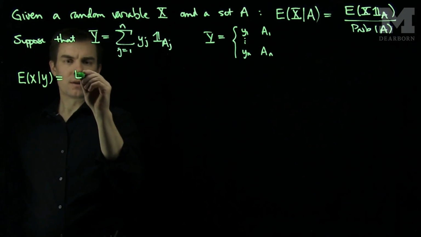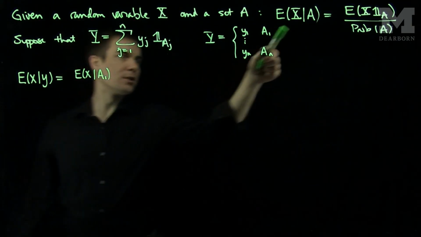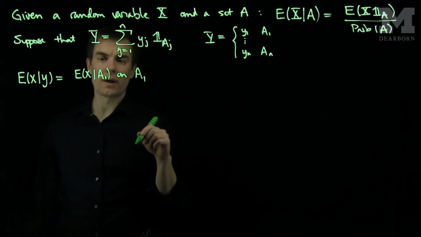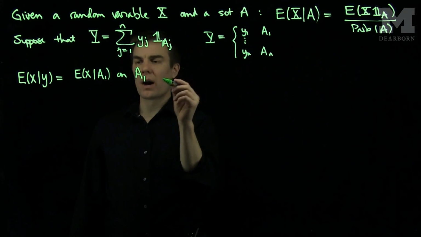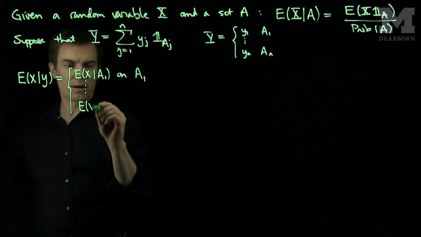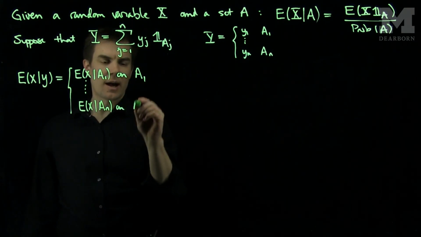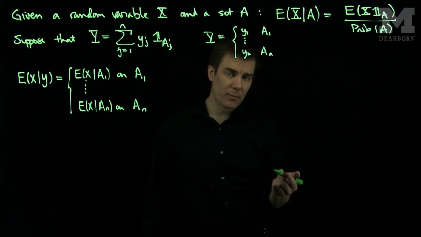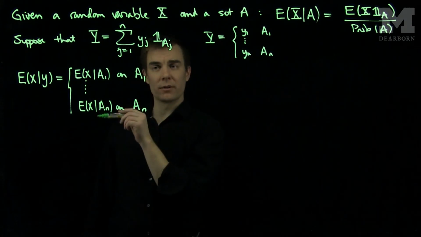It will be the conditional expectation of x given the set a1 on a1, which is the same thing as saying that y is equal to y1, and the conditional expectation of x on an, the set where y is equal to yn. So this conditional expectation gives me the best guess information about the random variable x if I know the information on these individual subsets.